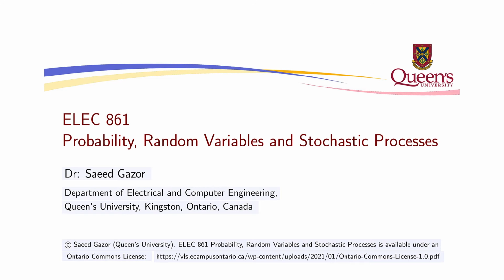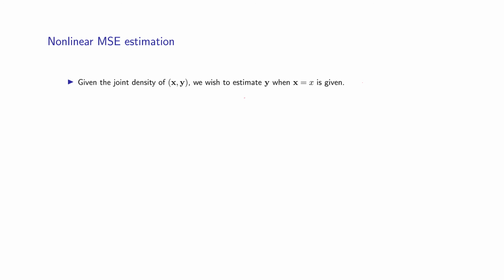Hello, let us take a look at the nonlinear minimum mean square error estimator. The problem in nonlinear mean square error estimation, or nonlinear MSE estimator, is that we assume that you have the joint density of two random variables.